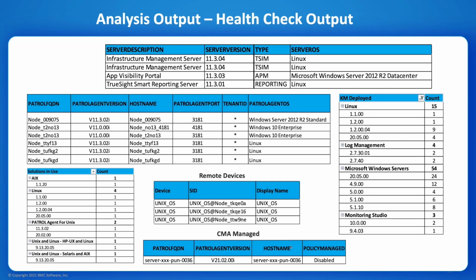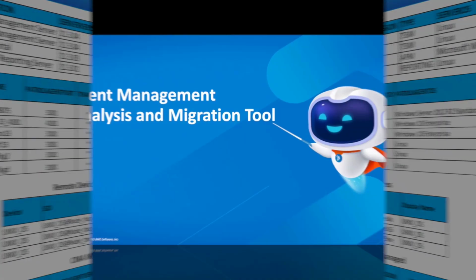So we understand how many agents they have, which agent versions they are using, which KMs they have deployed, which KM versions they are using, what they have deployed, things like that. Things that are relevant to plan a successful migration.